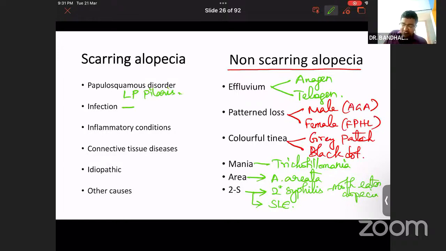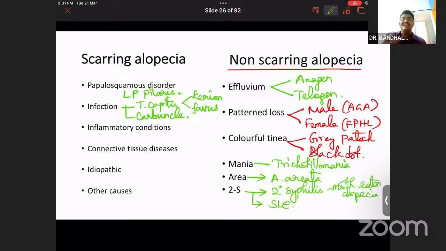In scarring alopecia, among papulosquamous disorders, you can remember lichen planopilaris, which is a scarring alopecia. In infections, we have discussed tinea capitis: kerion and favus, the other two, are scarring. And carbuncle can lead to scarring alopecia. In inflammatory conditions, there are conditions which have clues in the name itself.